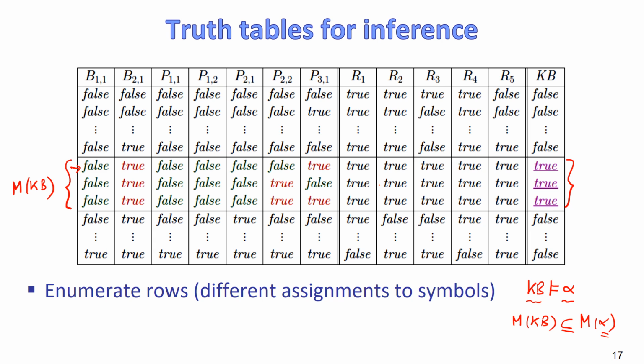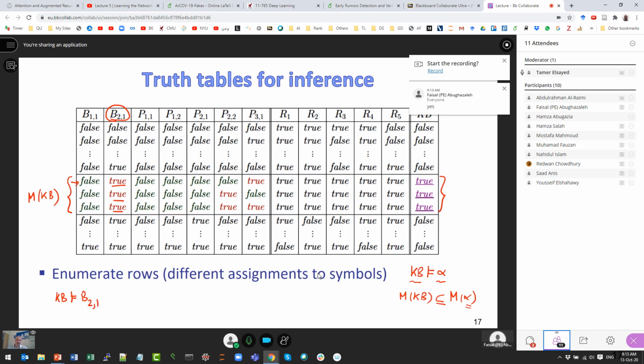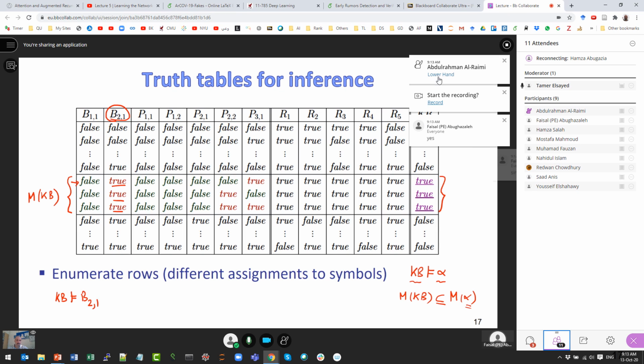Now, can we infer something from that? For example, we see that B21, this one, is always true here. Can we infer from that? Can we say that the knowledge base entails B21? Is that true? Any thoughts? Abdurrahman?